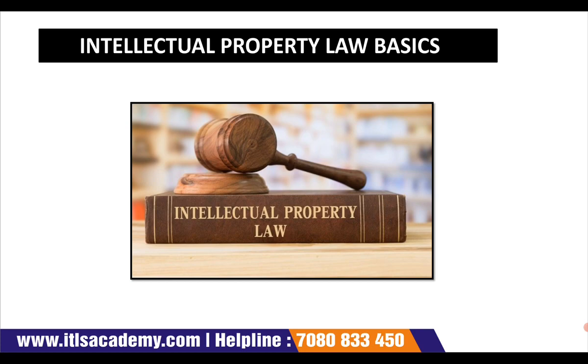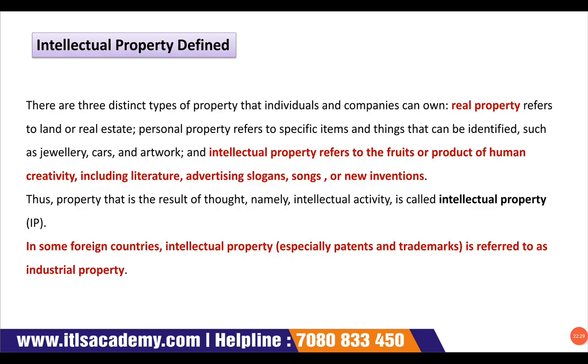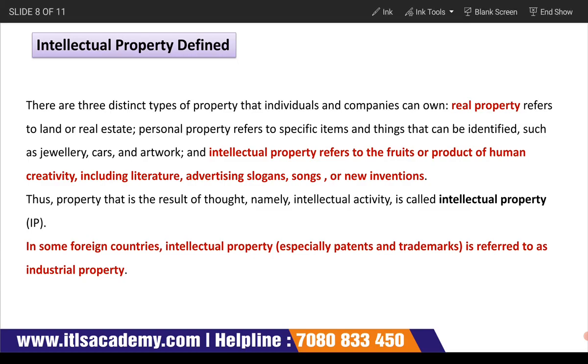So what is intellectual property law basics? Intellectual property is defined by three distinct types of property that individuals and companies can own. The first is real property, which refers to land or real estate.